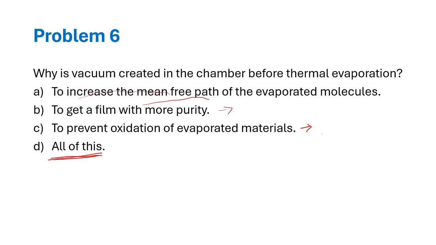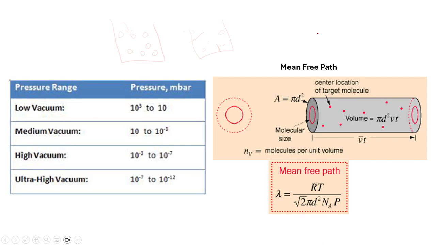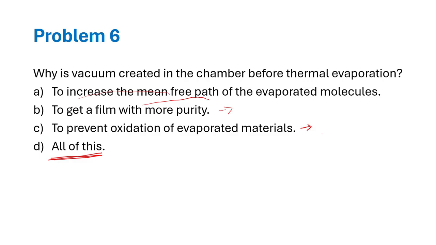They can easily react to form any oxide or nitride. So we need an ambient with no other unwanted material, and we also want to prevent oxidation of the evaporated material. Let's say if there is oxygen in the evaporator, then it will react with the evaporated material and deposit oxide instead of the metal that we want.